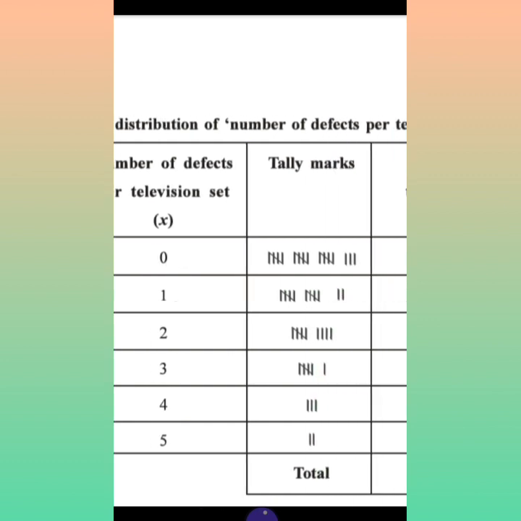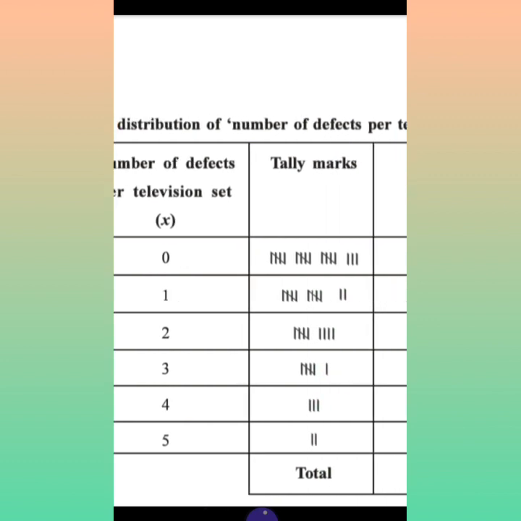Then we have put up the tally marks according to the number of defects given in the sum. Tally marks you have very nicely done in your standard 10. Seeing all those numbers from the sum, you are going to put marks in front of those defect numbers, that is 0 to 5.